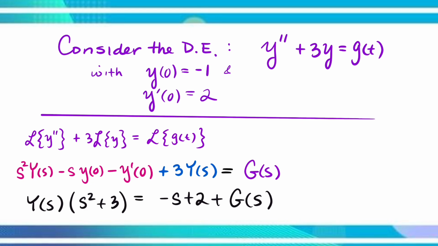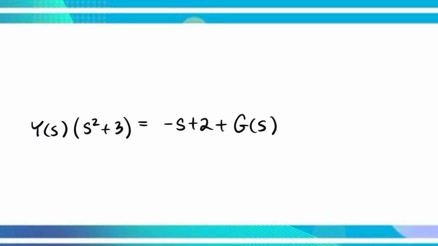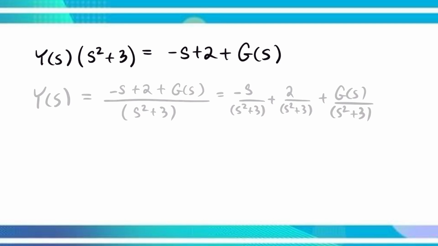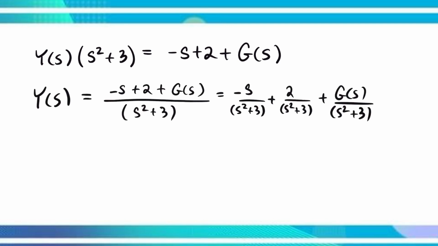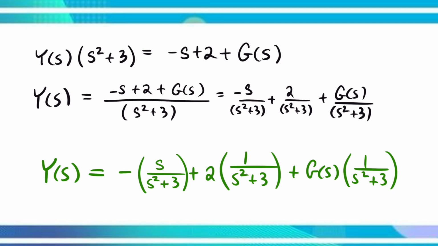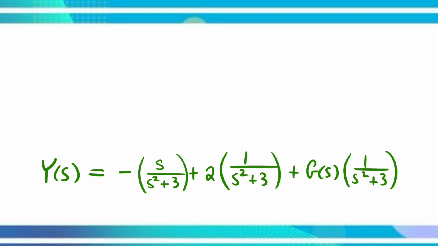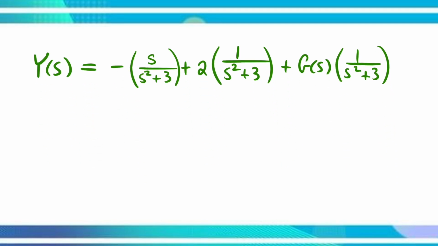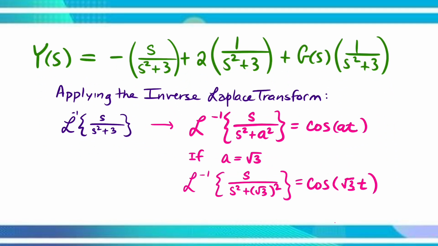And then we can manipulate this and isolate that Y of s expression, and ultimately we'll get this rational expression, which we could break up into 3 pieces. And thus, when we go to take the inverse Laplace transform of this equation, the pieces are easy enough until we get to that last piece. So the first term in that expression will give us a cosine of at, and we can deduce that a is going to be the square root of 3.